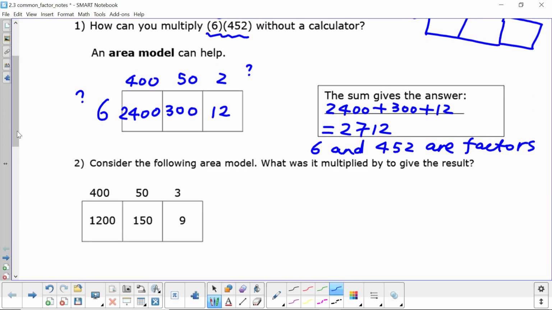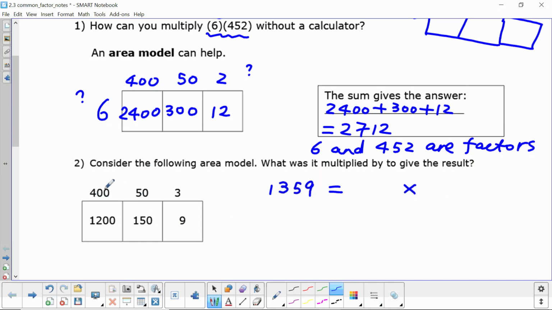Now we are going to see, this time we have this area given. If we write it as a number, it will be 1359, and we want to write it as 2 numbers multiplied. This is factored form.